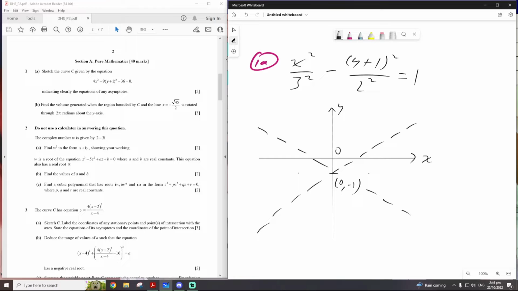Okay, let's draw the hyperbola. This is a distance of 3, and the other side of the hyperbola.